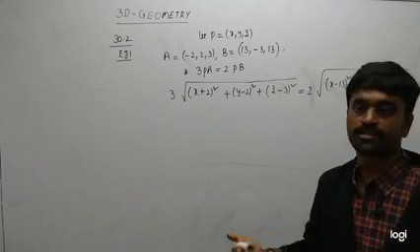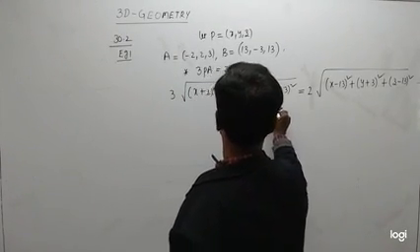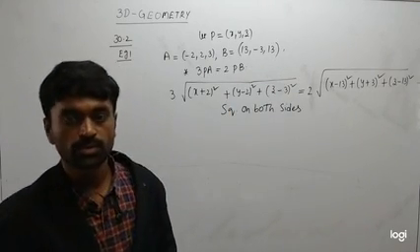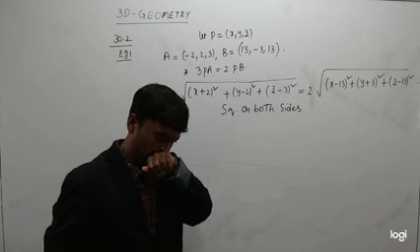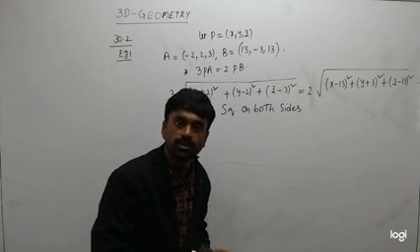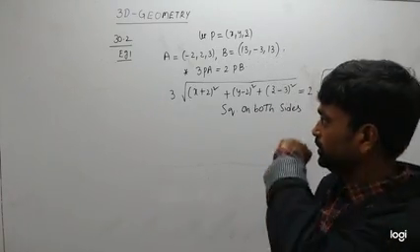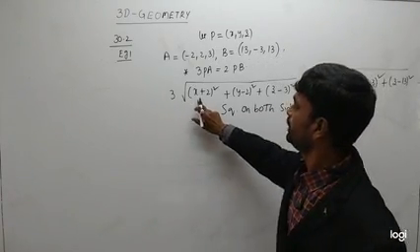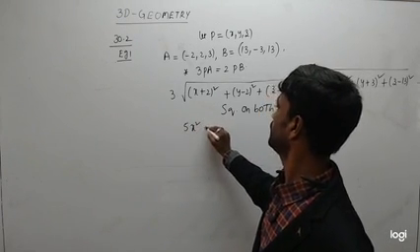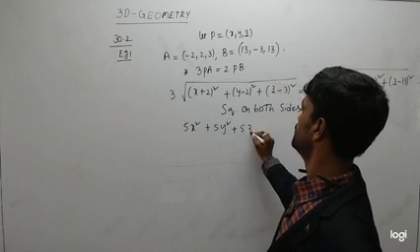So squaring on both sides and simplifying, I am going to write directly what you get. The first term, 9x square minus 4x square, so you get 5x square, next 5y square plus 5z square.